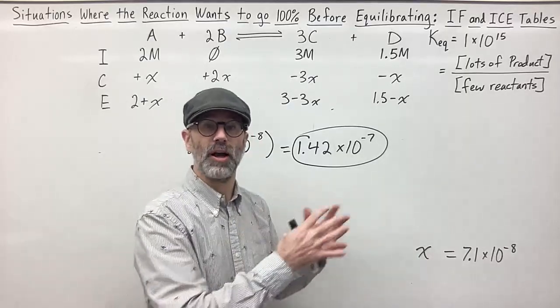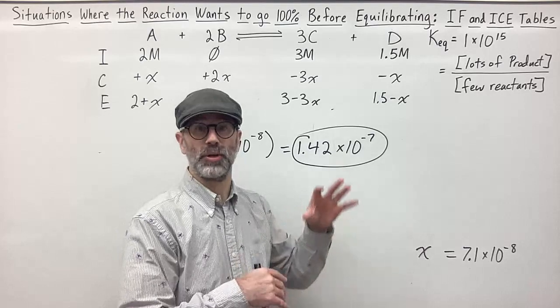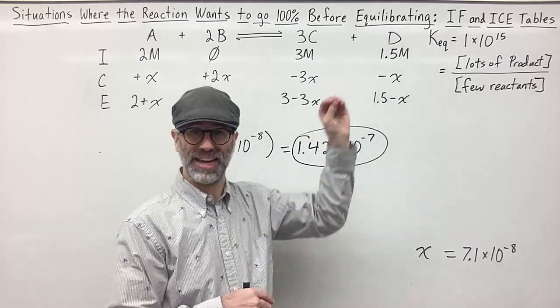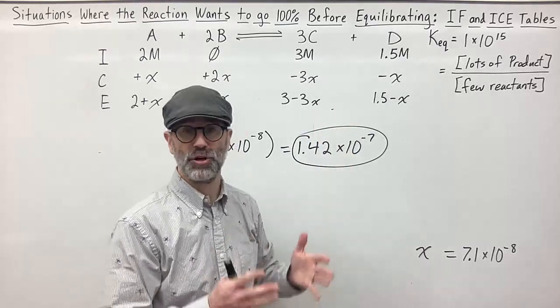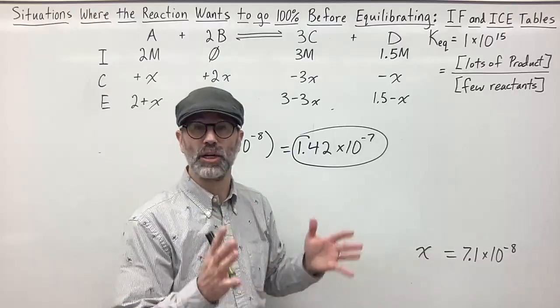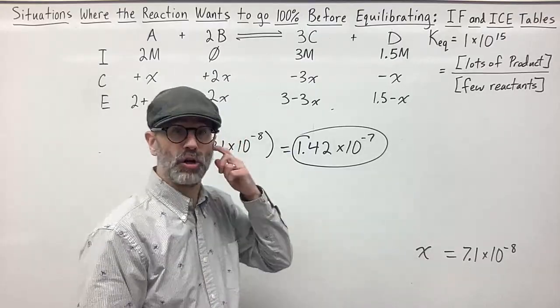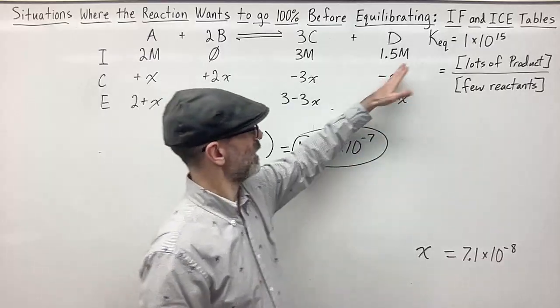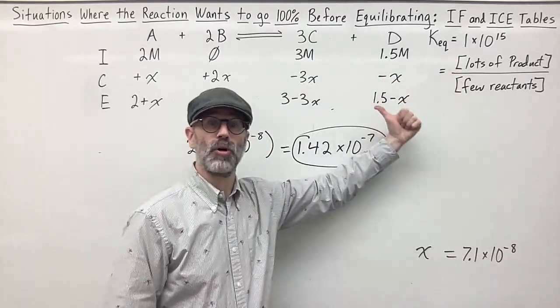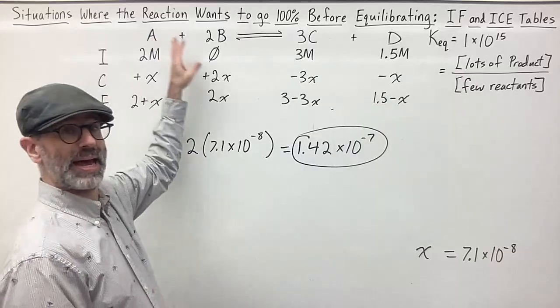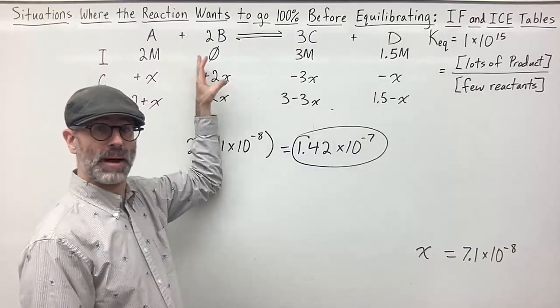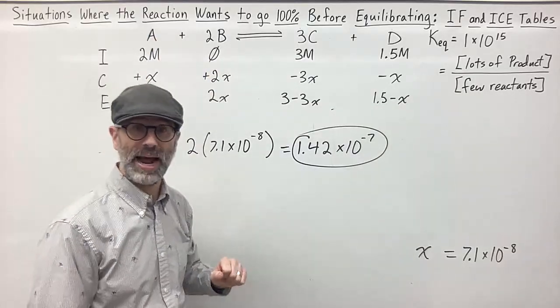So do your stoichiometry table with the initial final, the IF table, and then do your equilibrium table, the ICE table, right? But you could also have the situation where K is very small and therefore it's going to shift in this direction, and you could start off with a zero amount of one of your reactants.